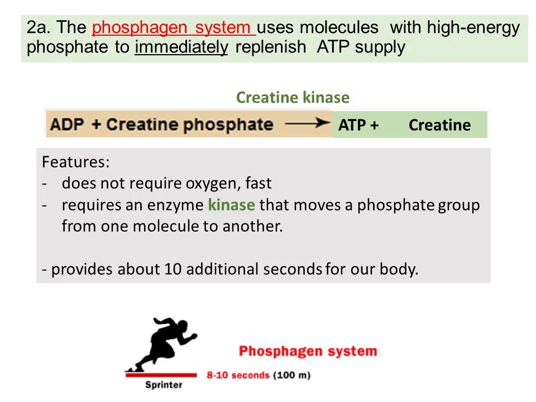It's going to be transferred to ADP, and you're going to create ATP and a molecule creatine. And so now we've got a molecule of ATP that we can use as energy, but we didn't have to go through aerobic or anaerobic respiration. The advantage of not having to go through these metabolic steps is it's extremely rapid.